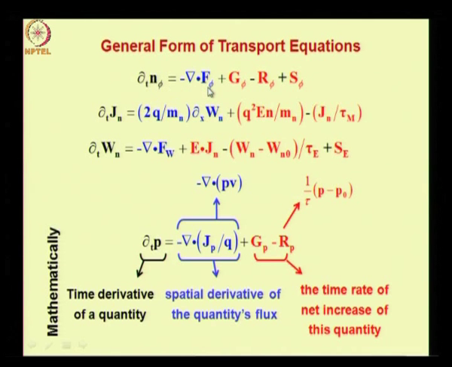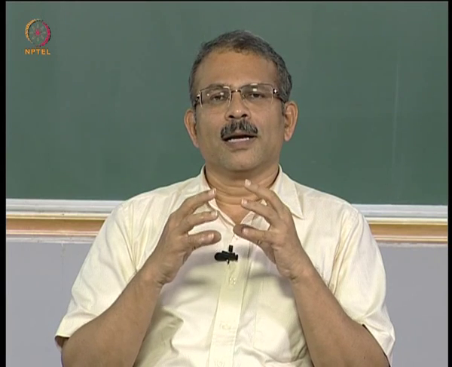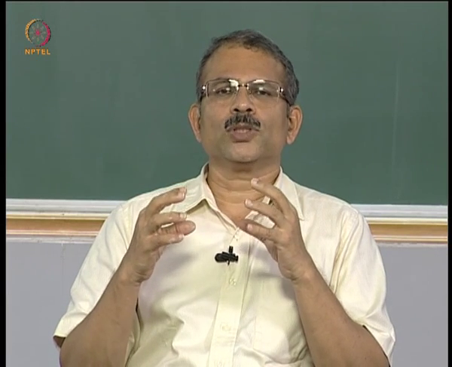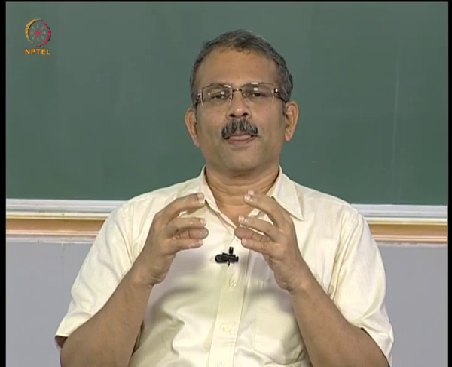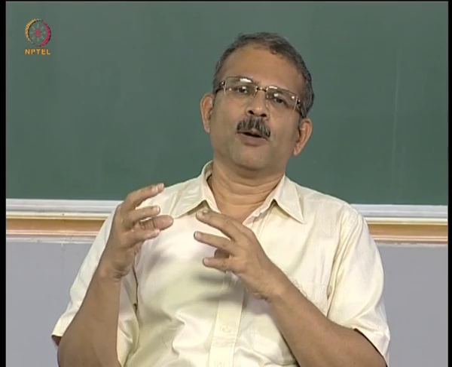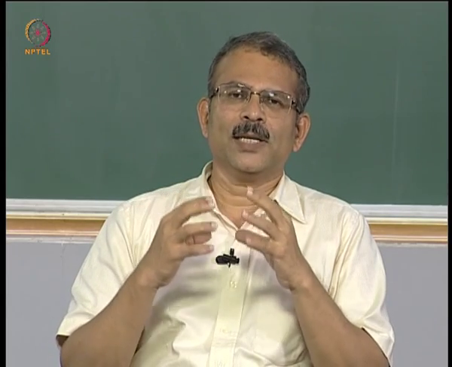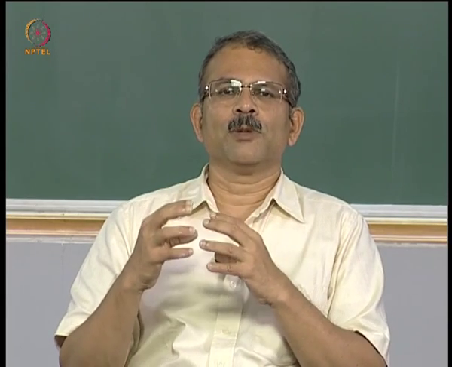Now while this is the general form, when you write this equation for momentum balance, it works out in this form. We have discussed that the current contains the momentum term. So we can use the current density, which is a vector, as an equivalent of the momentum, because we are actually interested in the current density rather than the momentum.